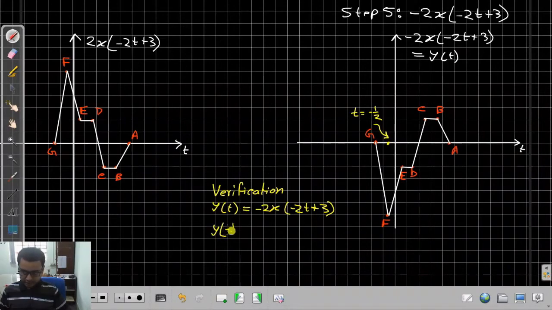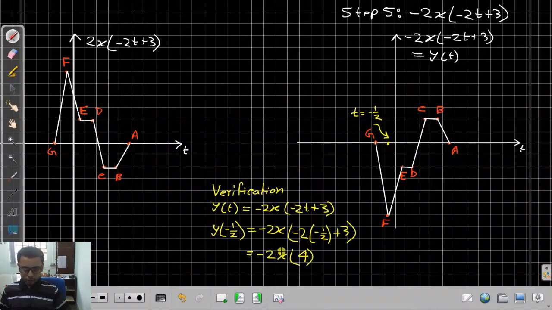Y of minus half should be equal to minus 2x, here 2 into minus half plus 3. And this is same as minus 2x, inside it will be 1 plus 3 equal to 4.